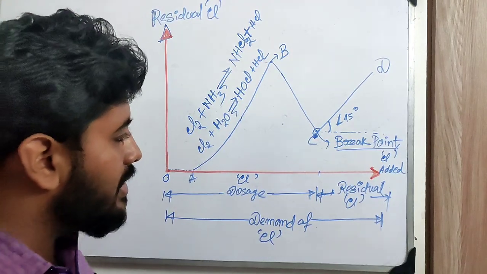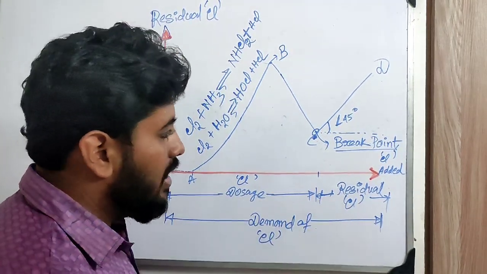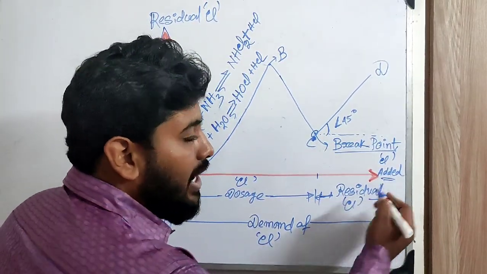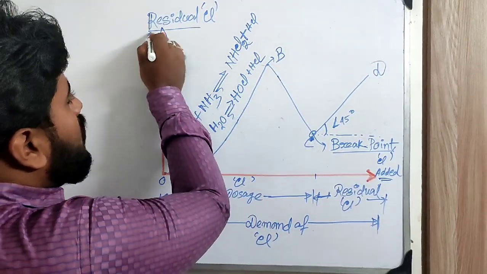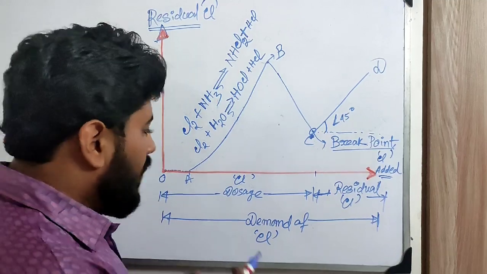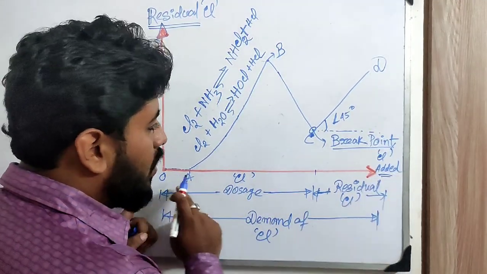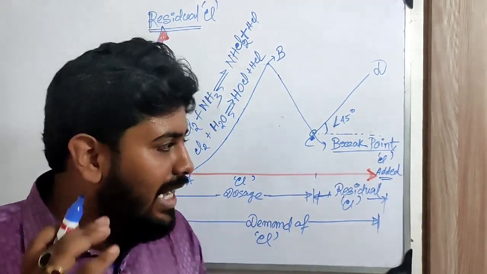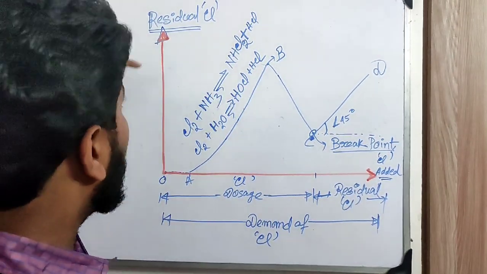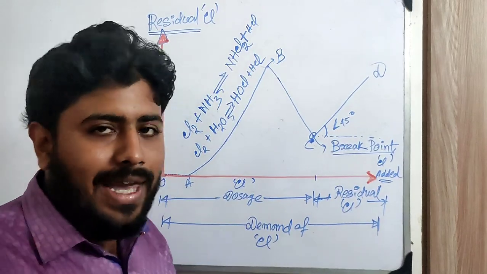In this graph, you can see in the x-axis I have written the chlorine added, and in the y-axis I have written residual chlorine. The x-axis denotes how much chlorine we are adding, and on the basis of that, the residual will be generated in the y-axis.